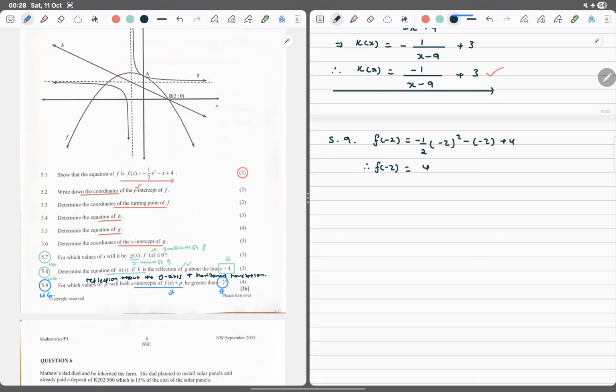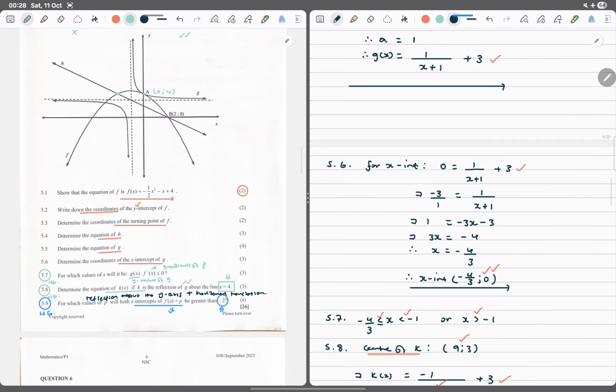So technically, guys, this is suggesting that, remember, we found that the y-intercept here was exactly at 0 and 4. So this means it's a mirror image of the y-intercept. Maybe it's there, maybe it's not. Let's check. When x is minus 2 on this function, what do we have?